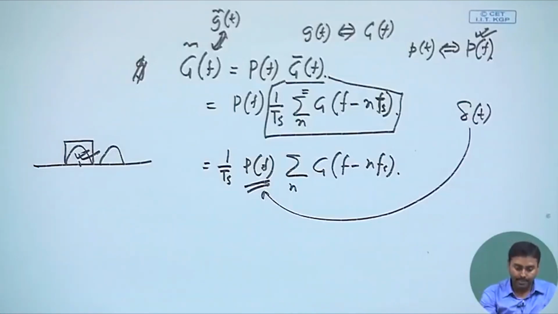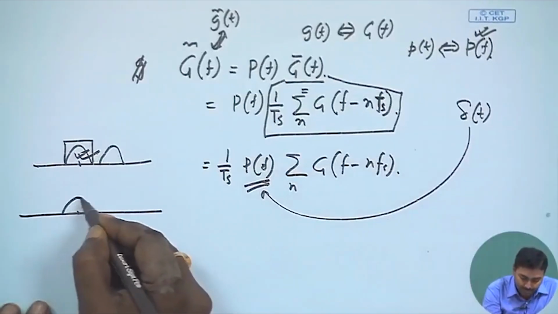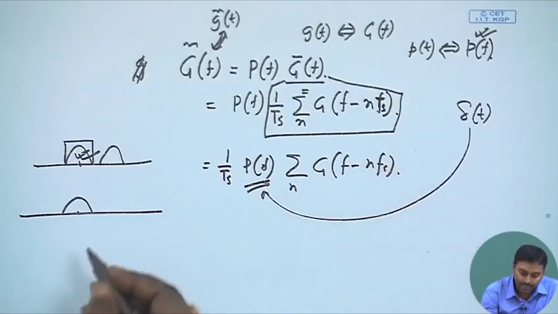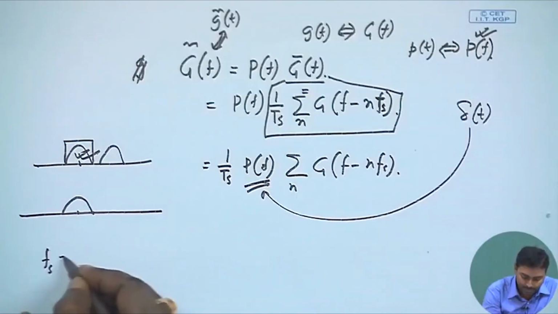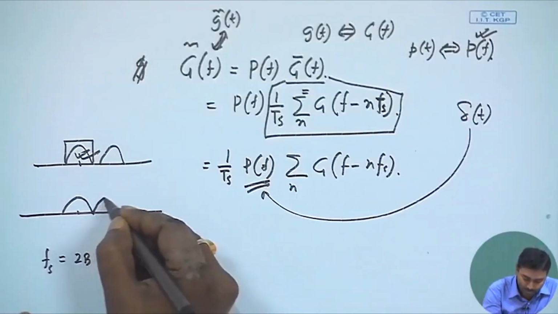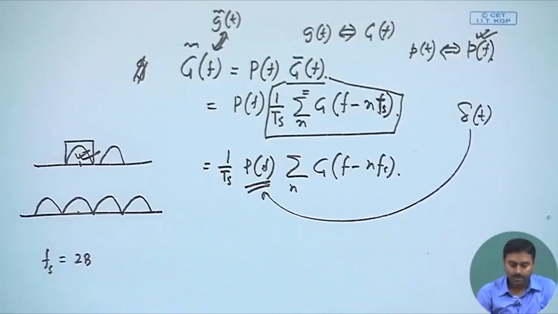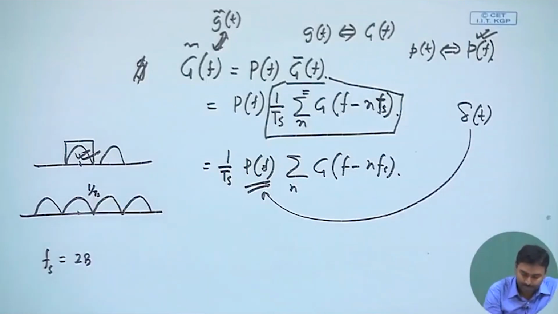But now what is happening, this G(f minus fs) remains the same. Let us say Fs has been chosen so that it is just equal to 2b. Then this will be just repeated from there with a strength of each of them being 1 by Ts, right.